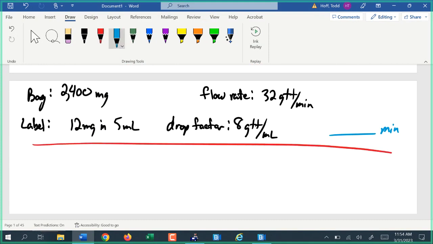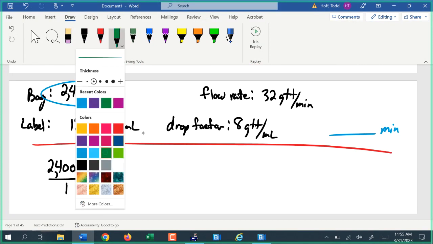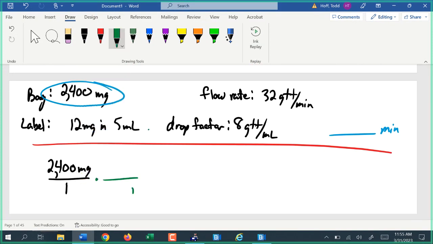So for simplicity here, let's just start with the bag. The size of the bag kind of replaces the doctor's orders in this situation. So 2,400 milligrams over 1. We want to get rid of the milligrams. We'll put it on bottom. The only other thing we have with milligrams is 12 milligrams in 5 milliliters.